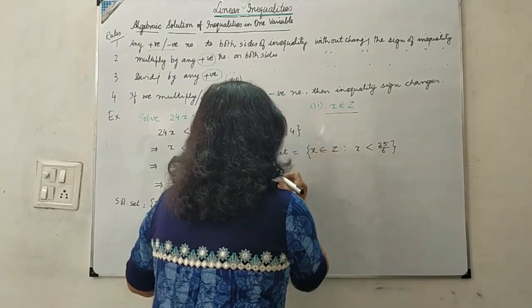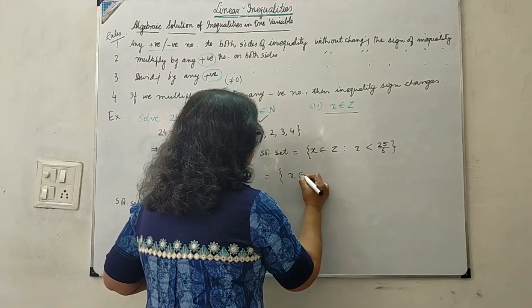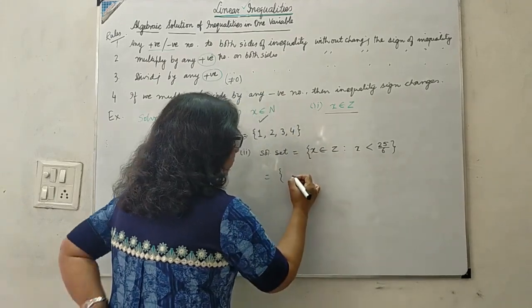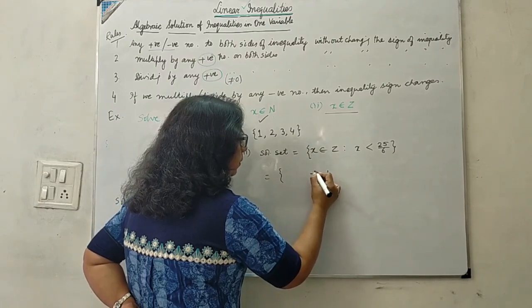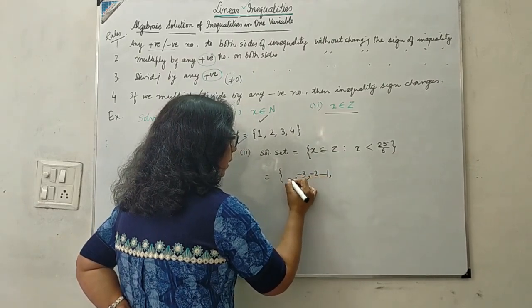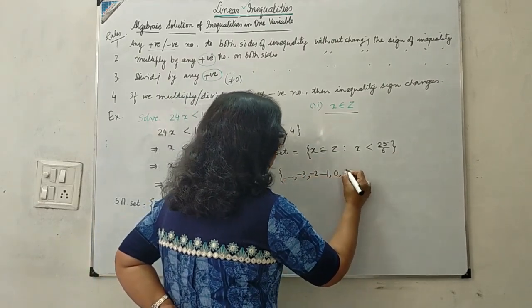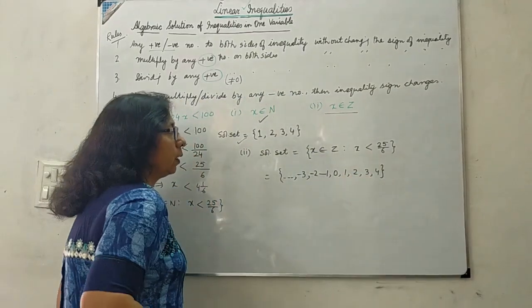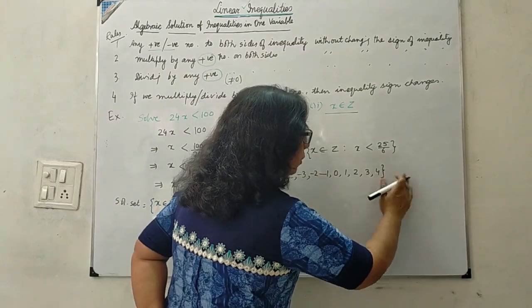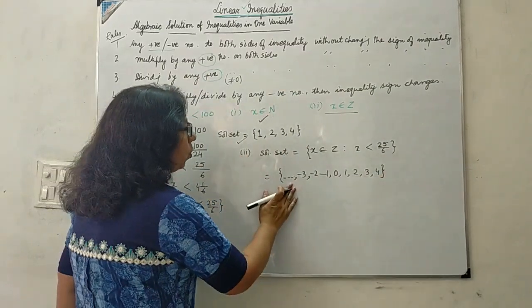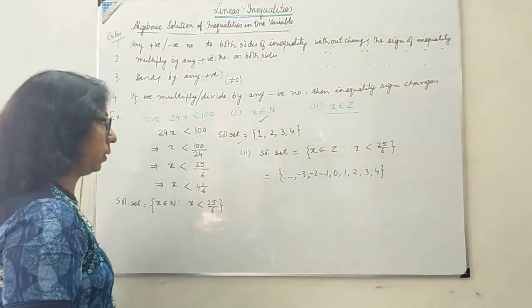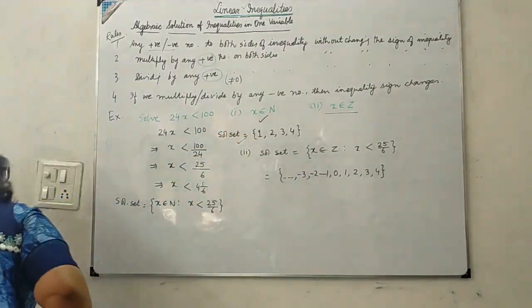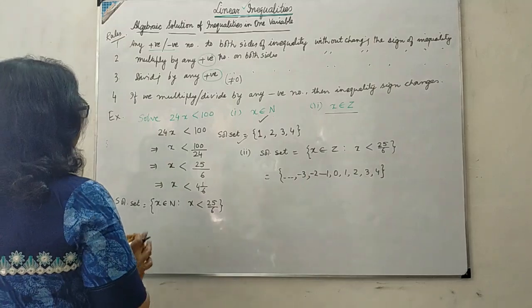That means we have the integers -1, -2, -3 and so on, 0, 1, 2, 3, 4, but only up to this. More than 5 cannot be there, but all the negative integers are also there. So it depends on the case we are taking, natural numbers or integers.